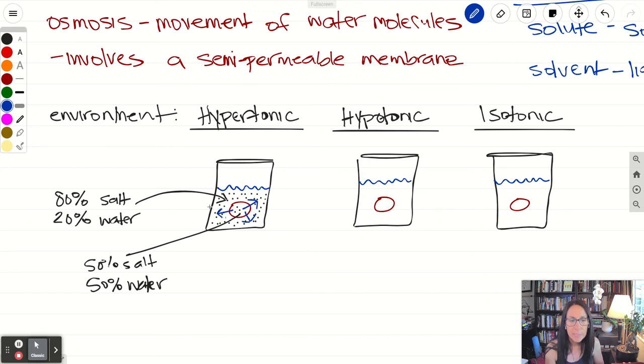So then what's going to happen is there's going to be a lot of water that comes out of the cell, and the cell is going to shrivel up. So I'm going to write that. I'm going to write water moves out, in blue. Water moves out of cell, and cell shrivels up. Cell shrinks.